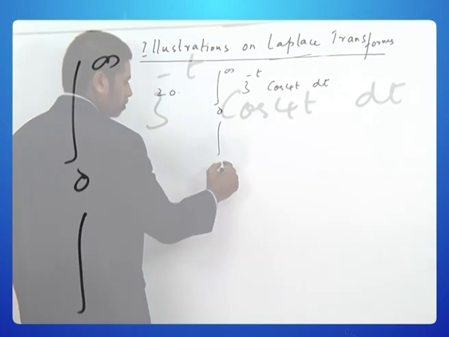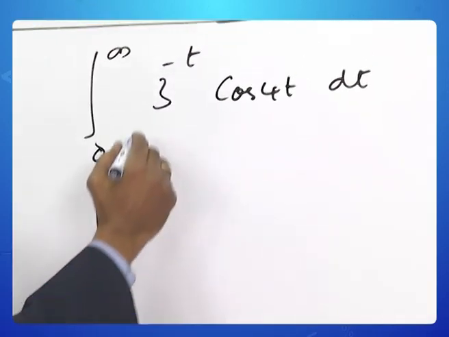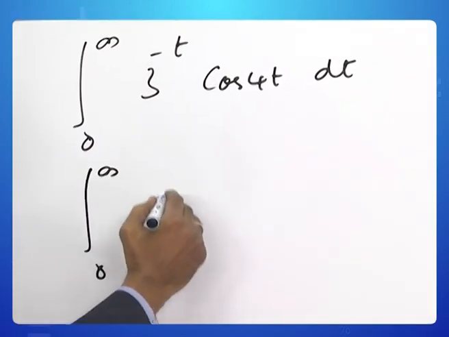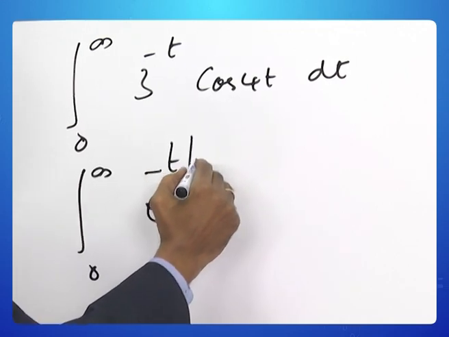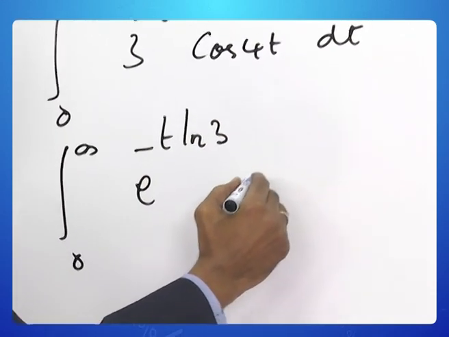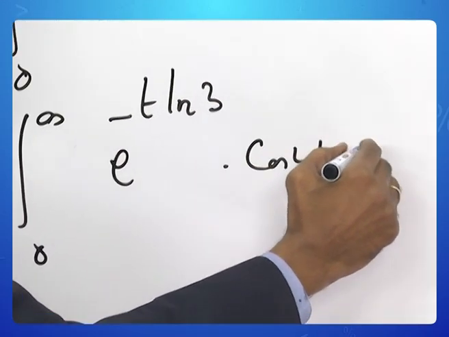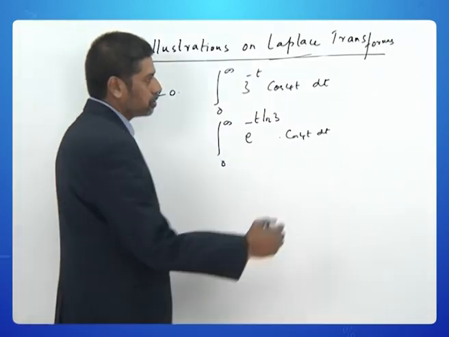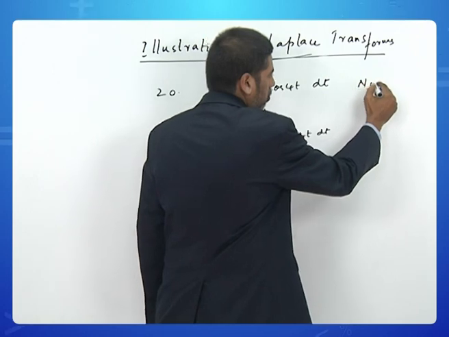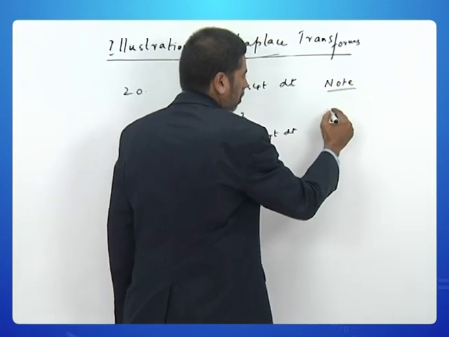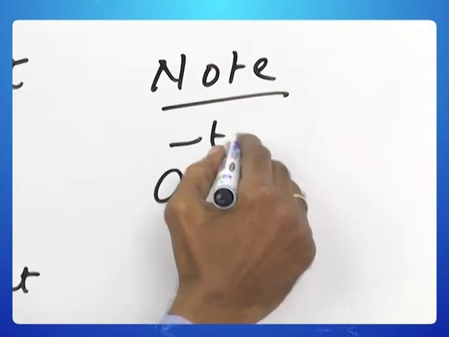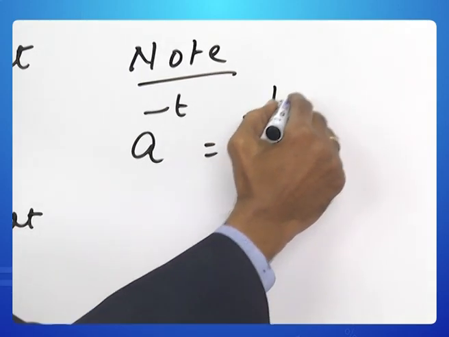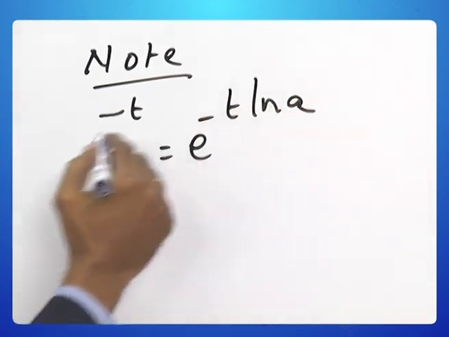So 3 power minus t can be written as e power minus t log 3 into cos 4t dt, right? So you will note a power minus t is equal to e power minus t log a.